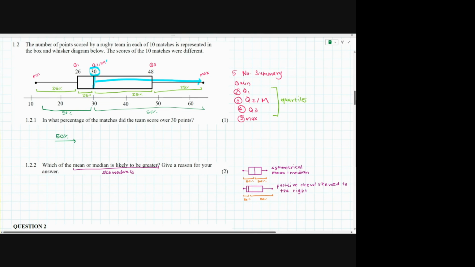If we think about what that means, there must be a value that is much bigger than the rest of my data points, pulling my box and whisker to the positive side, to the bigger values.